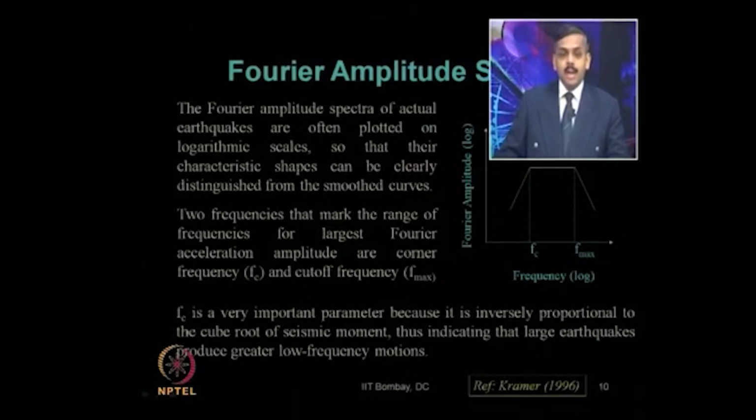In this case f c is a very important parameter. Why? Because it is inversely proportional to the cube root of seismic moment. Thus, it indicates that large earthquakes produce greater low frequency motions.